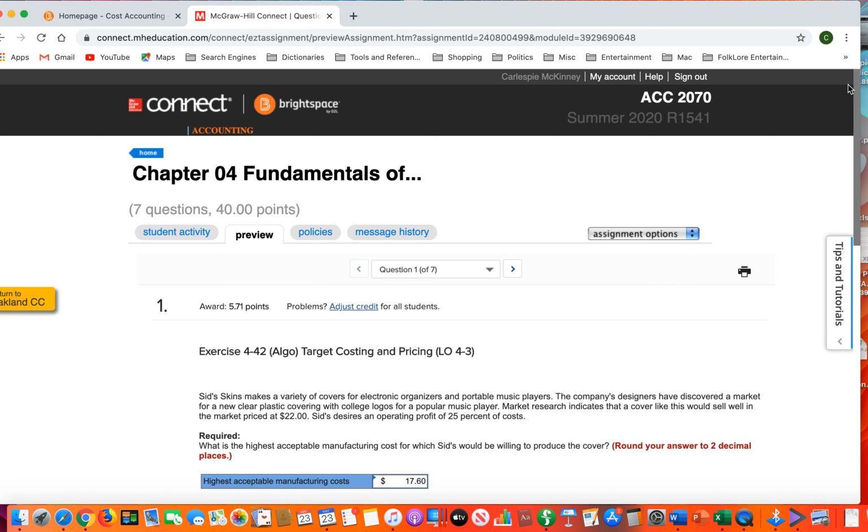So $22 minus 0.25x equals x. And then if you recall in algebra, you add 0.25x to both sides, which will give you 22 equals 1.25x. And then you have to divide both sides by 1.25 in order to get x, which is $17.60.